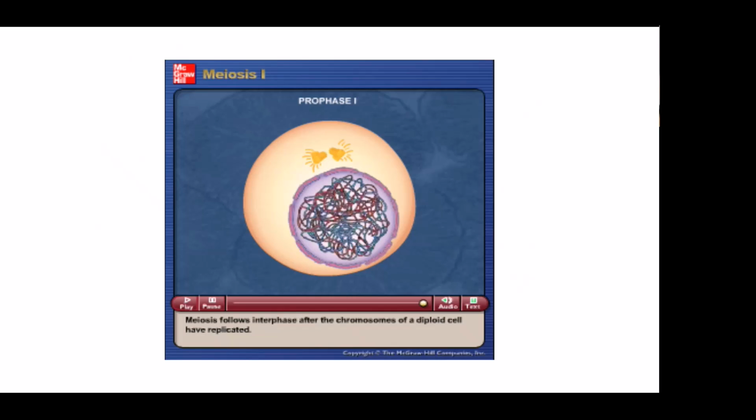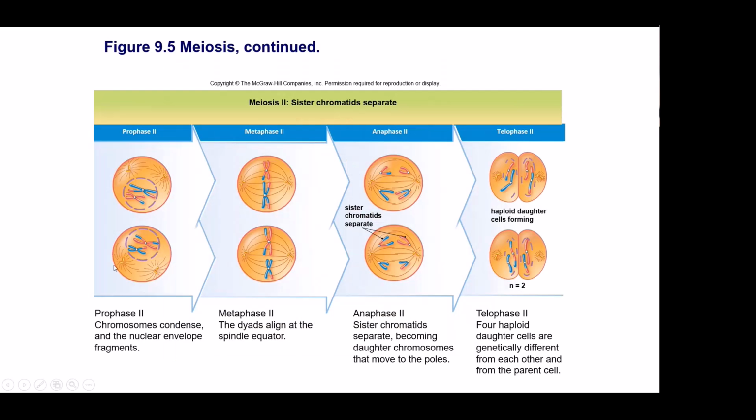In meiosis 2, and prophase 2, the chromosomes condense, the spindle starts to form again, and then you have this lining up, not in homologous chromosomes because they've already gone through that process, but instead the haploid number of chromosomes lined up along the equator, along the spindle.